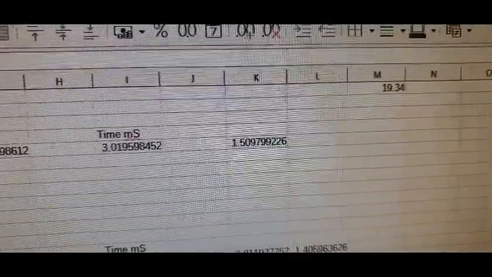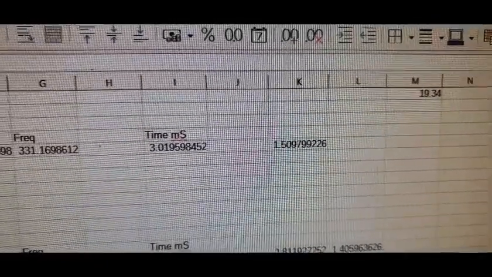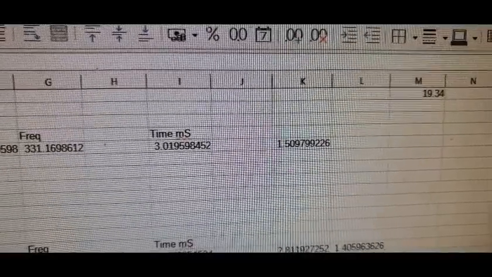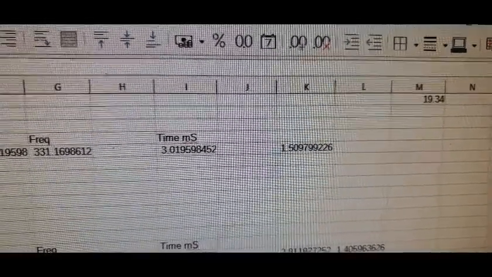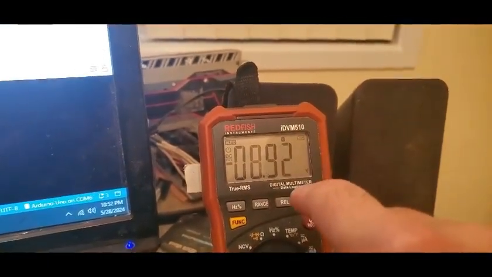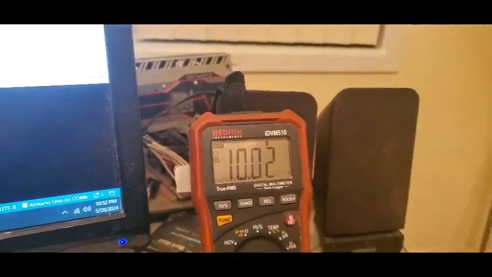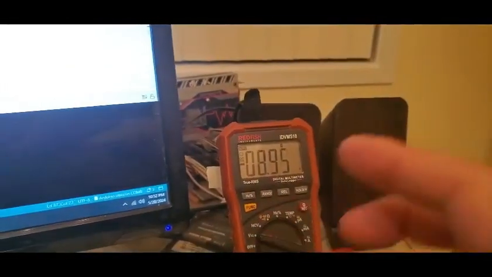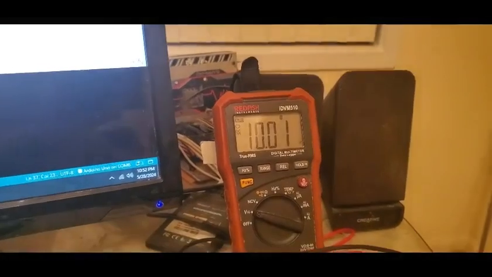I was at 1450; I was probably just fishing around, or maybe I didn't measure something perfectly accurately. When we do one pulse through there, you see the cap starts at 10.01 and goes to negative 8.92. Maybe you could get it to negative 9 if you fish around a little bit, but not too shabby.